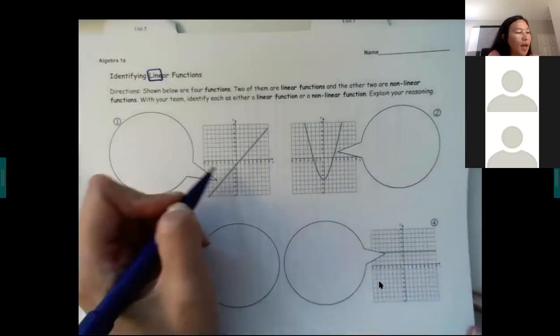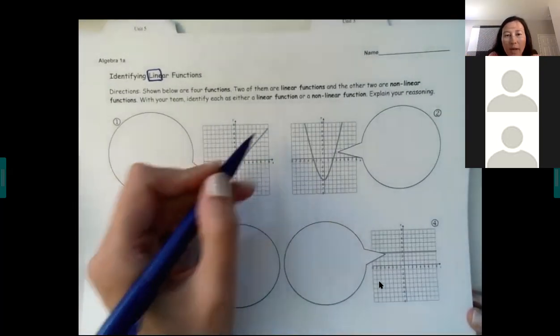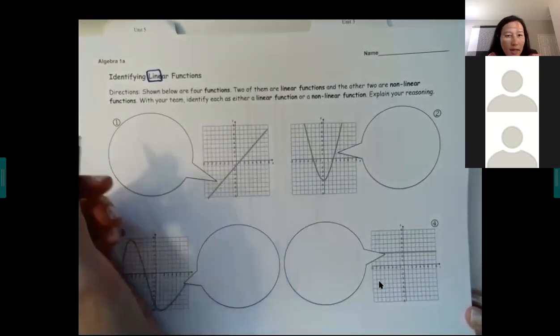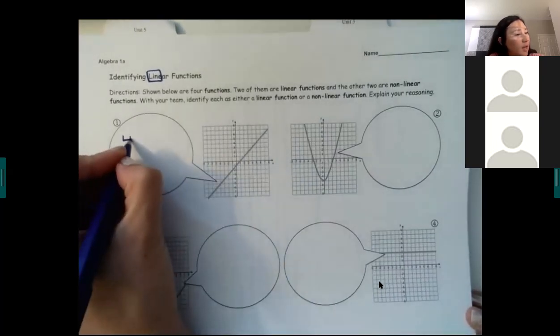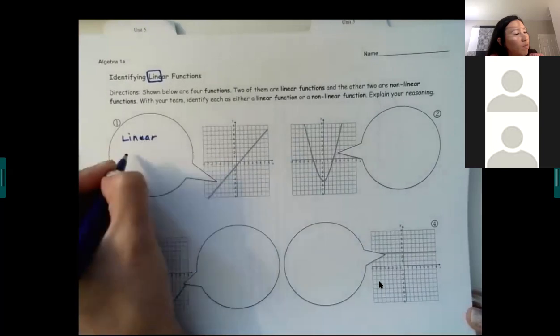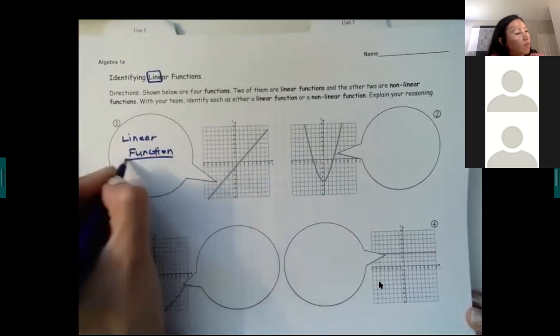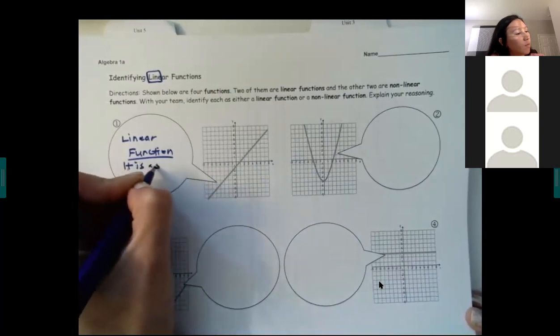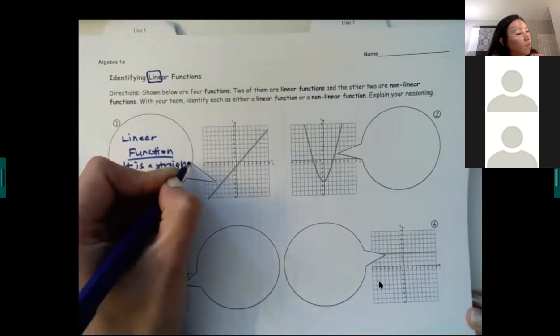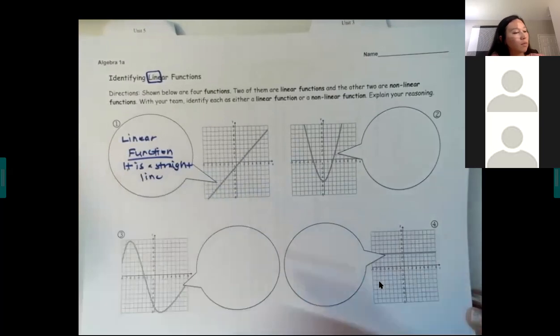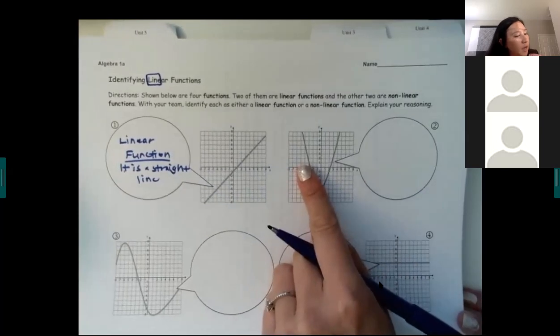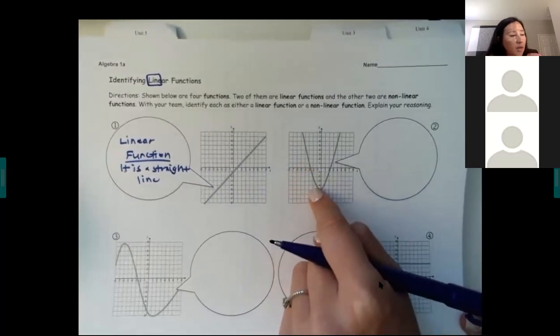So if we look at number one, is number one a straight line? Yes, it is. So we're going to say it is a linear function. Number two, is number two a linear function?